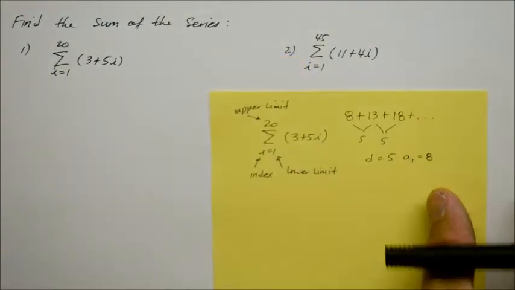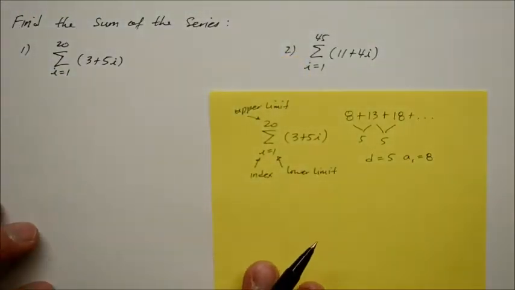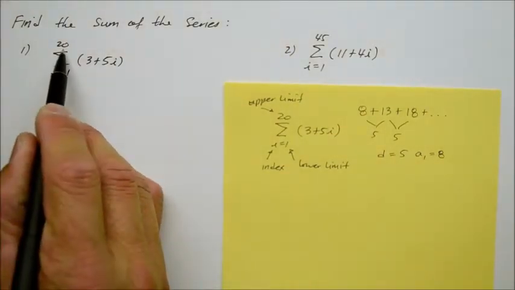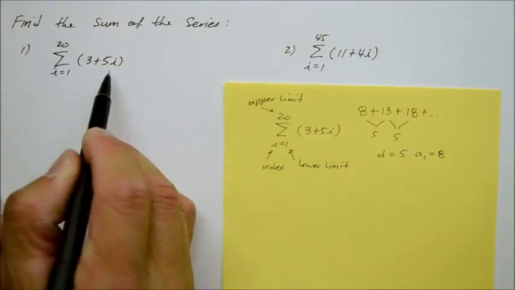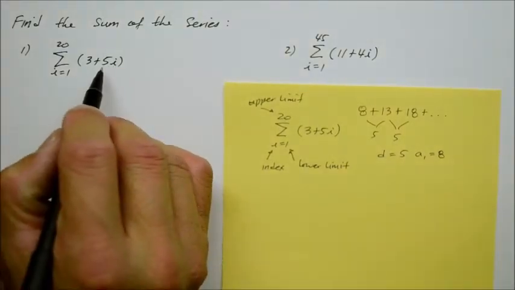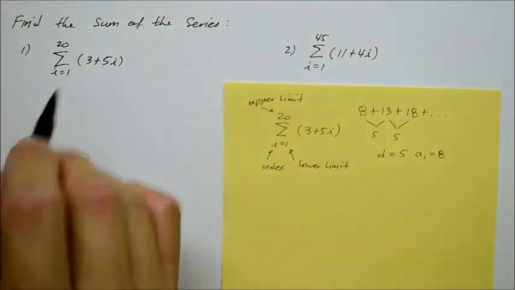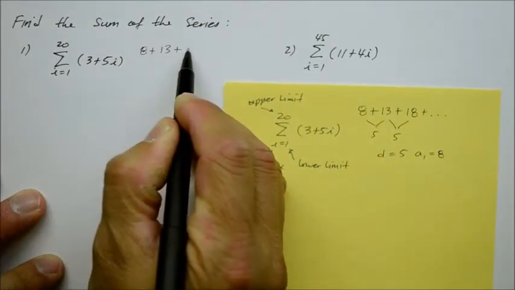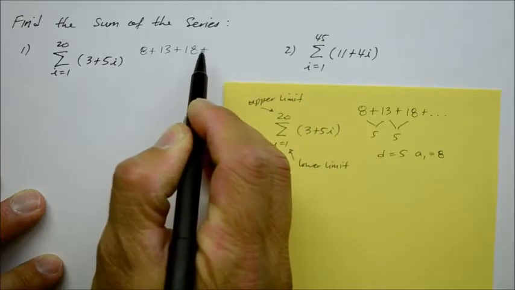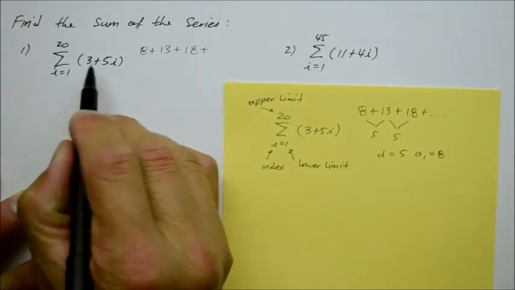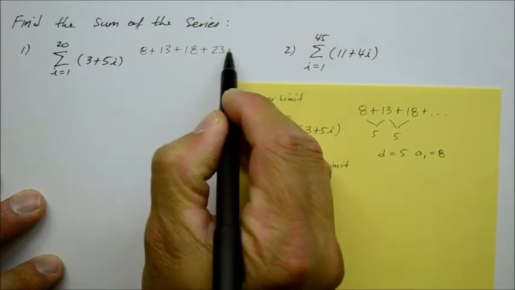Let's keep this over here as a reference and try to find the sum of the series from 1 to 20. If we were to substitute into 3 plus 5i, what will we get? Plug it in and generate the series of numbers. Like I said, it is 8 plus 13 plus 18 plus, let's do one more time, the fourth one: 5 times 4 is 20, plus 3 is 23.